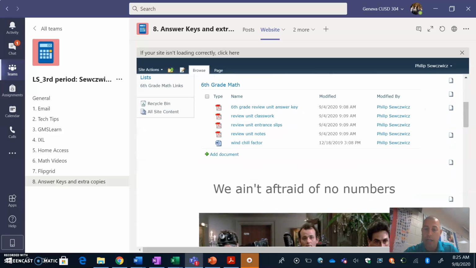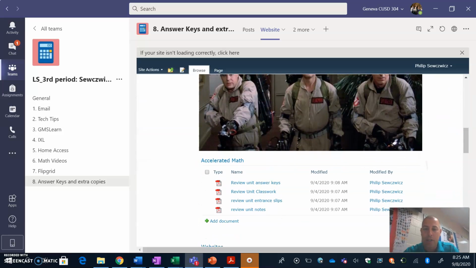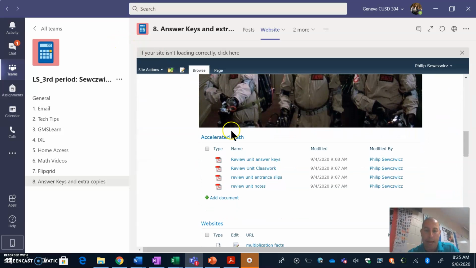So if we scroll on down, you guys will always be underneath the picture. And there it is, accelerated math. There's your documents. You have these already, but in case you need them, they're there: classwork, entrance slips, note packets, and then the answer keys. Remember, you do need to be checking your answers as you do these problems. So we're just going to do some of the notes here together.